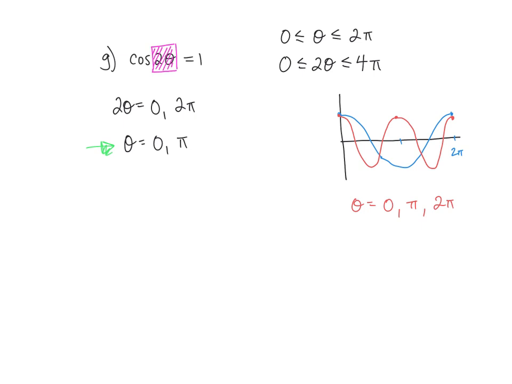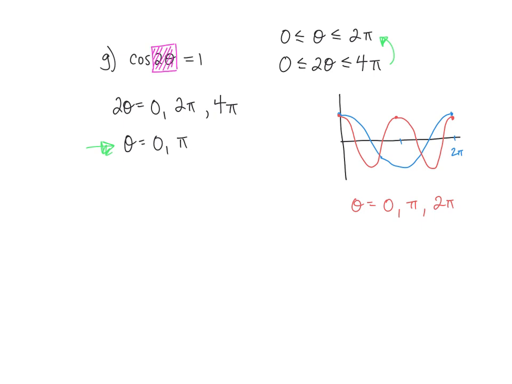Because if I take what's happening between 0 and 4 pi and I cut all of that in half, I am going to fit into 0 and 2 pi.